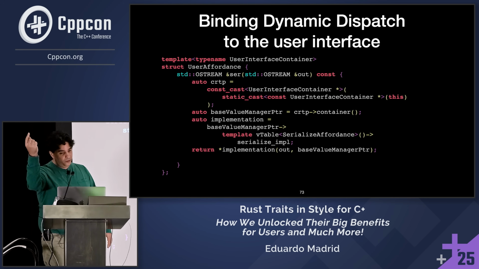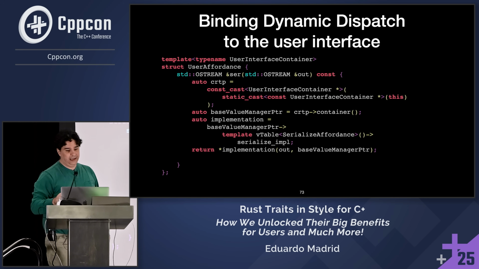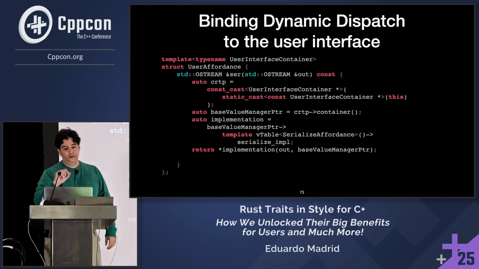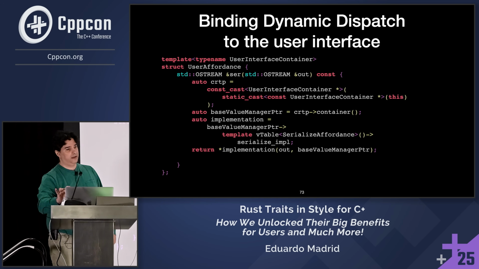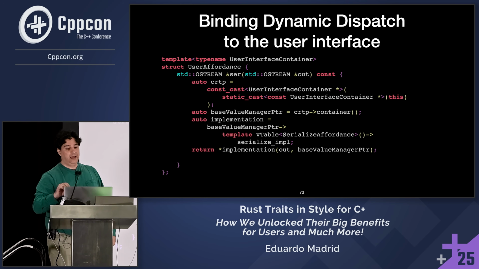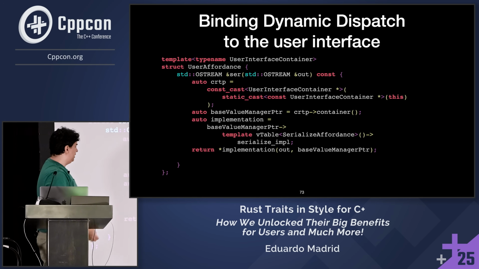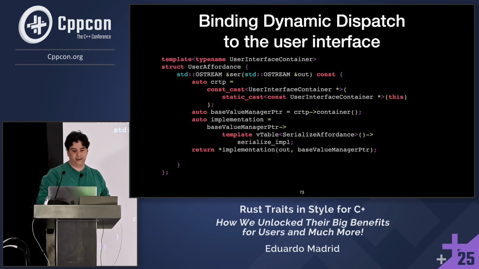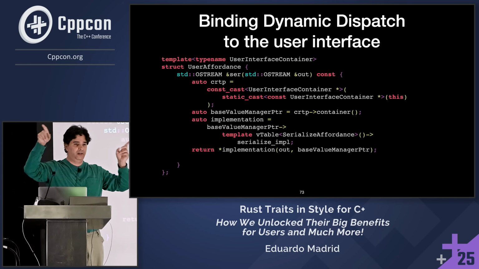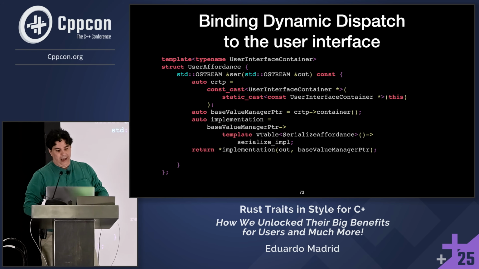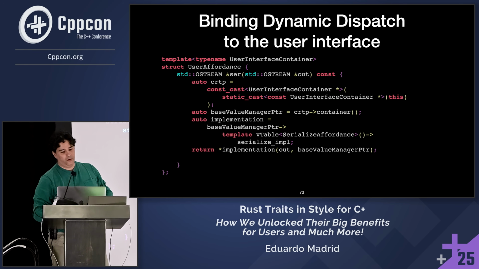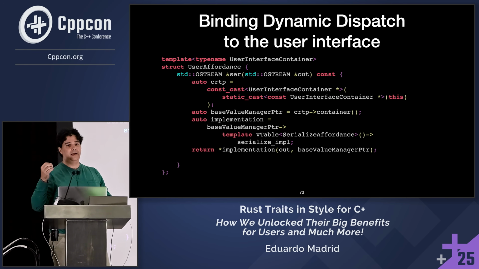The affordance, the user affordance, the trait equivalent, needs to provide the user affordance member that is templated on the complete container. In this particular scenario, if we go back a few slides, it would be the any container on that policy. And it's going to use the curiously recurring template pattern downcasting.